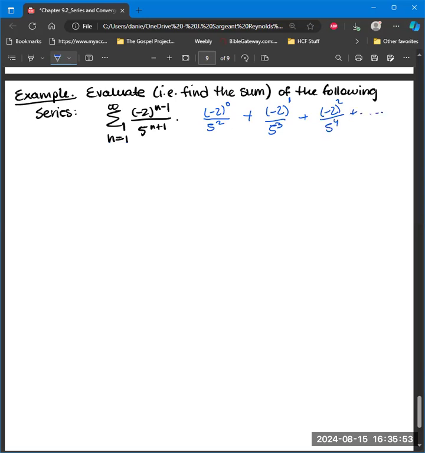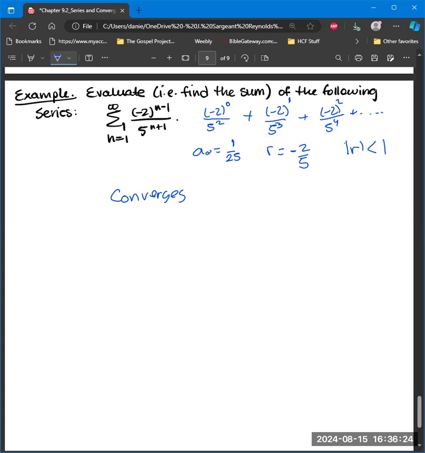It looks like my a0, my first term, is 1 over 25, and my r is -2 over 5, since I'm multiplying by -2 on the top and by 5 on the bottom. And since the absolute value of r is less than 1, it converges.